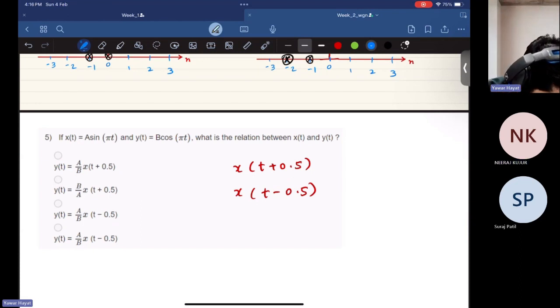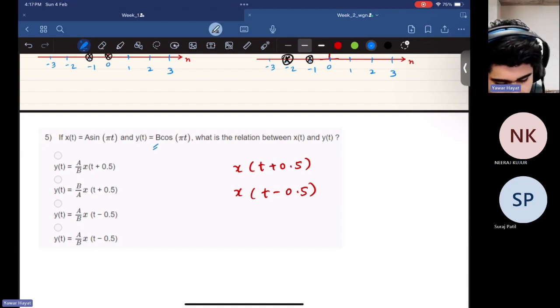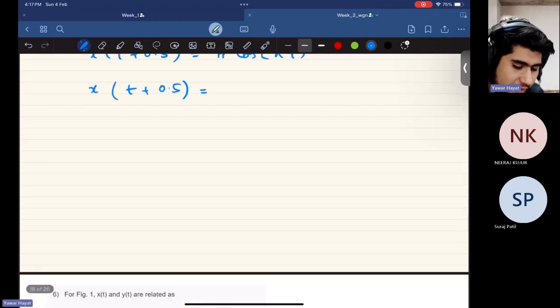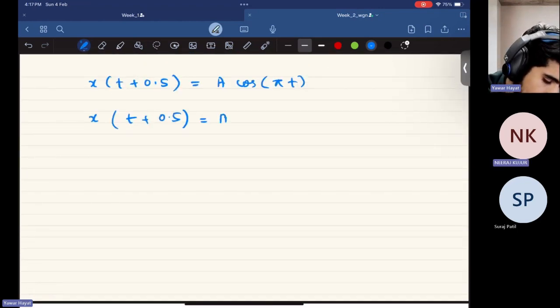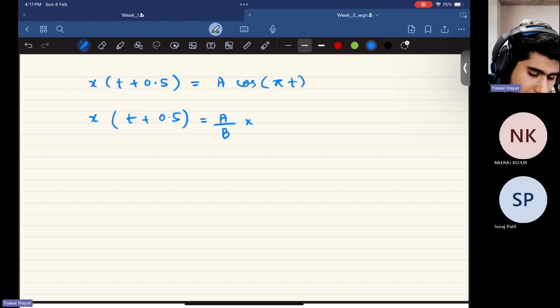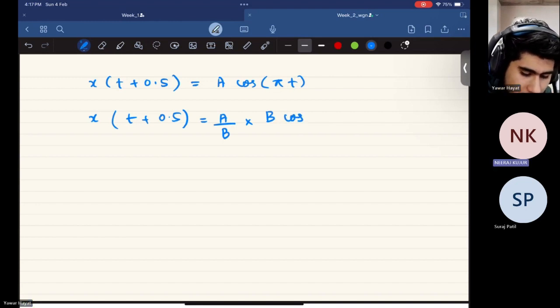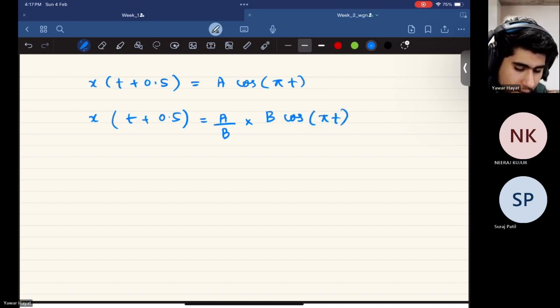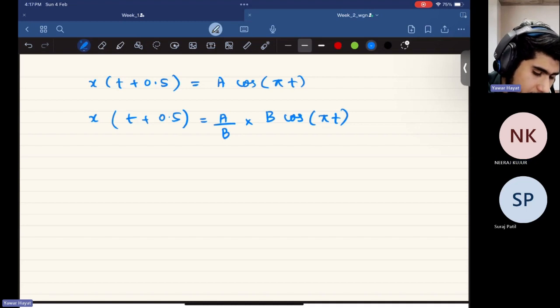If you see, you have a coefficient B with cos for y of t. So I'll try to express my cos in terms of this function as well. In our case we are having this A, but what we can do is divide by B and then multiply by B. And now this one looks familiar.